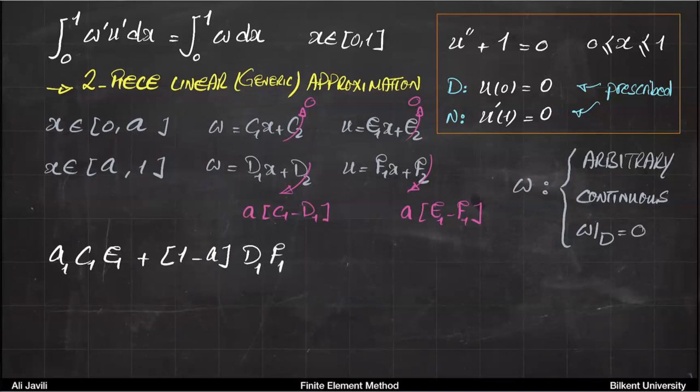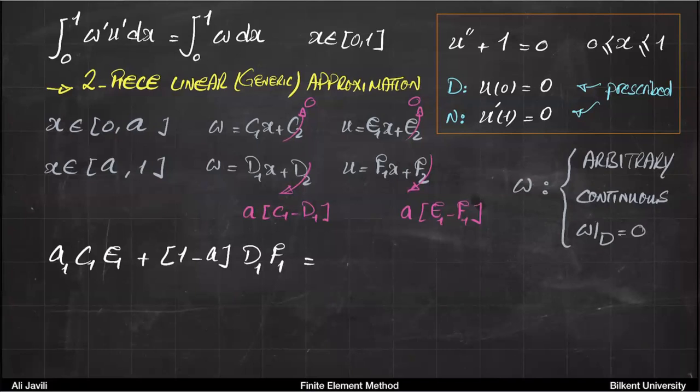You can identify the terms, by the way. This thing is exactly what you would have from the integral in the first part from 0 to A. And this thing is what you would have from the second part from A to 1. So that would be equal.